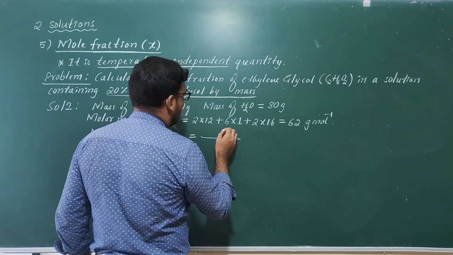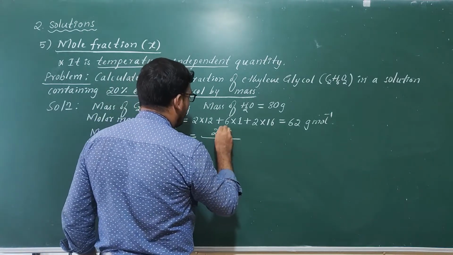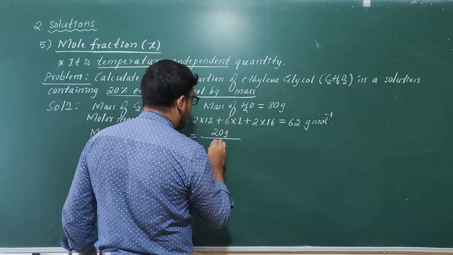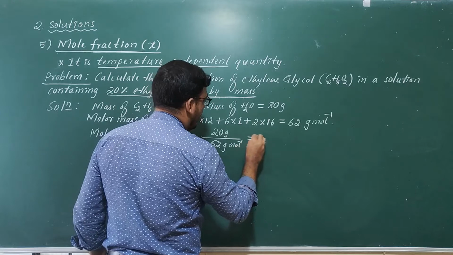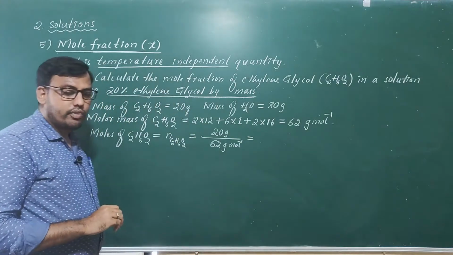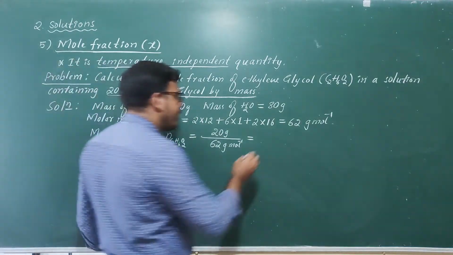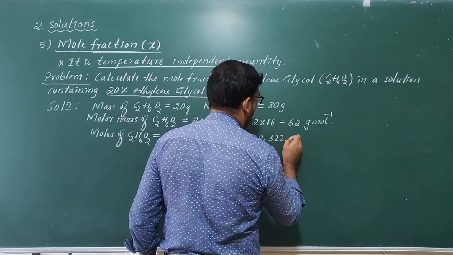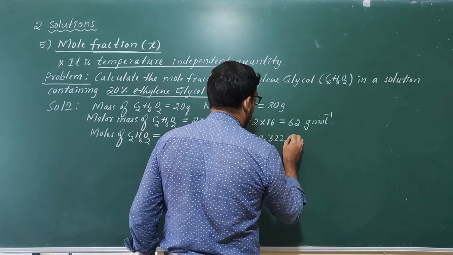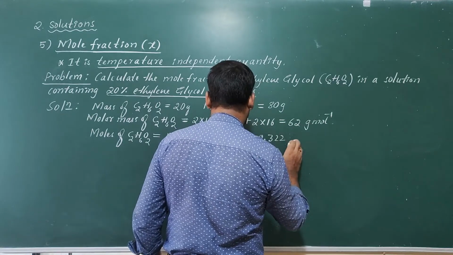What is the mass? It is 20 gram, and the molar mass is 62 gram per mole. So if you divide this one, you will get 0.322 moles.